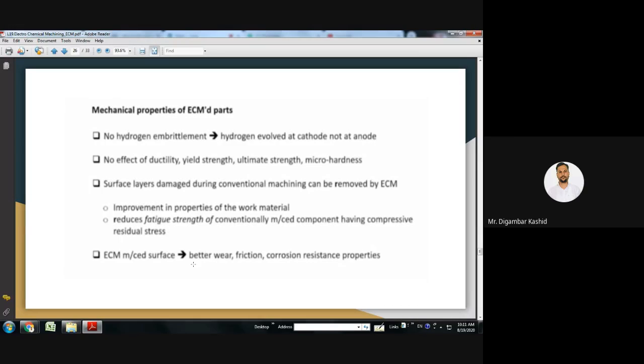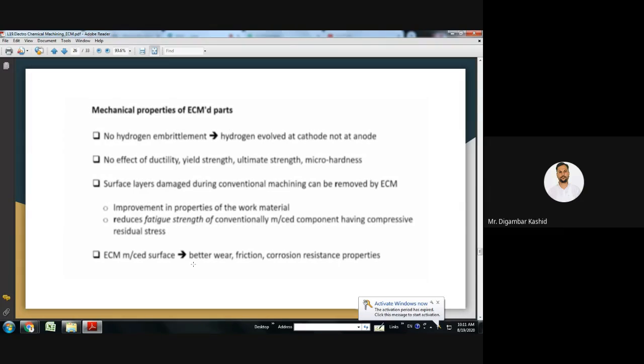However, such removal of layers from the workpiece surface reduces the fatigue strength of the conventionally machined component, which has some compressive residual stresses. The properties of the workpiece improve, but at the same time the fatigue strength is reduced.